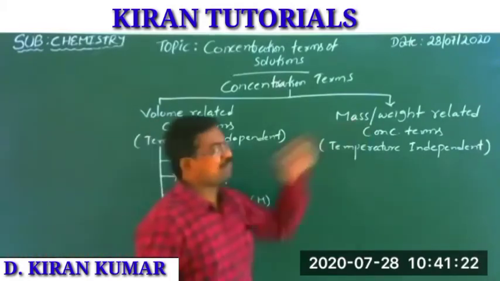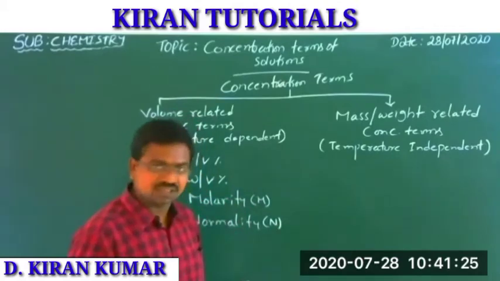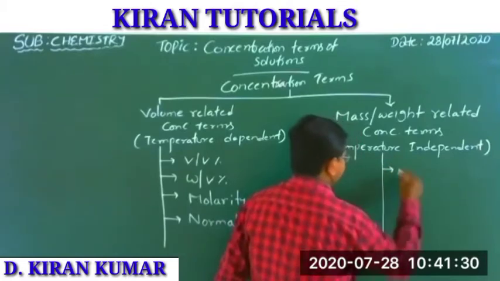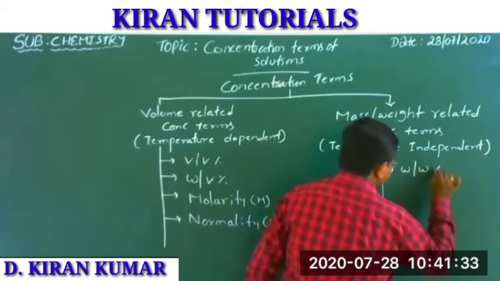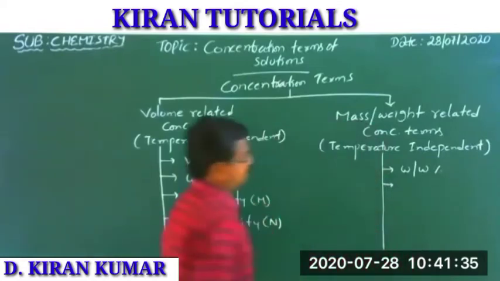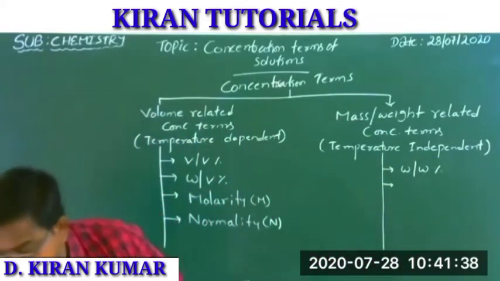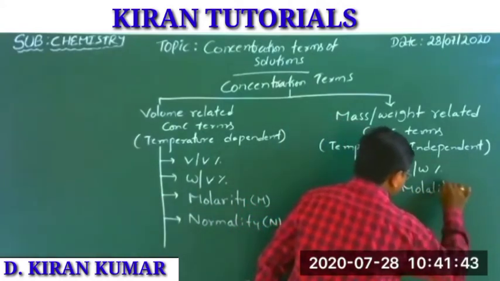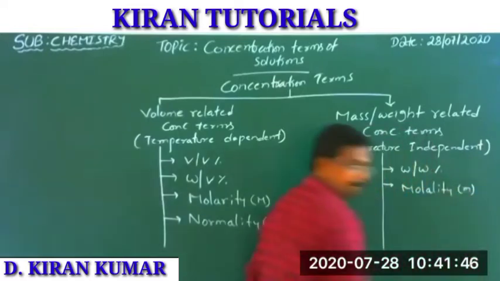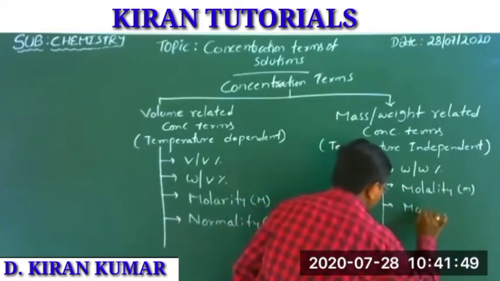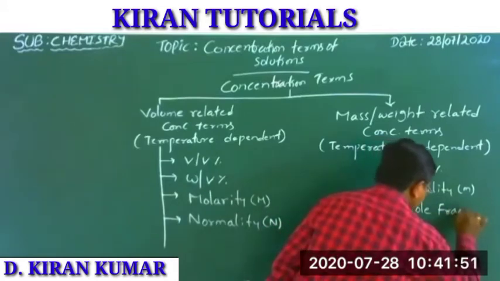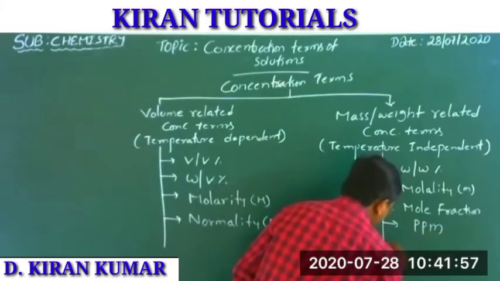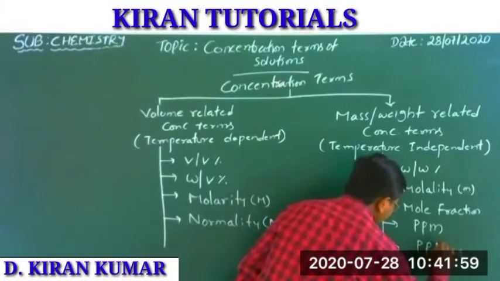Then the mass related concentration terms. Here also, the first one, weight by weight percent. The second one, molality, denoted by small m. The third, mole fraction. The fourth one, ppm, and the fifth one, ppb.